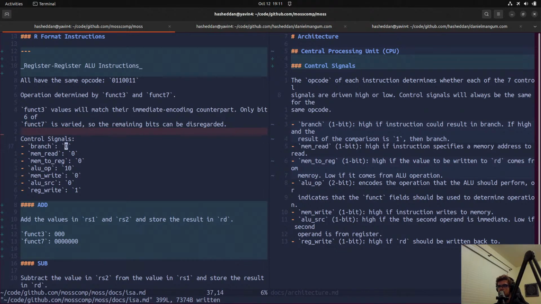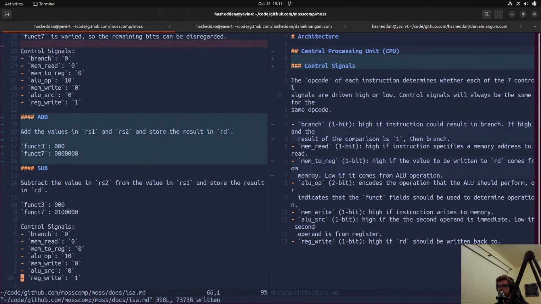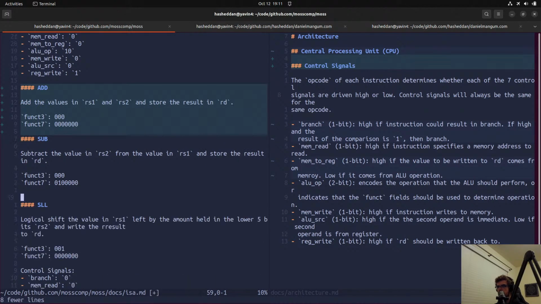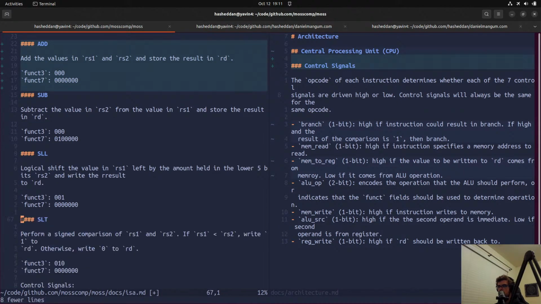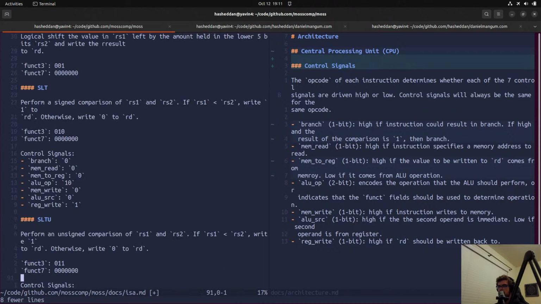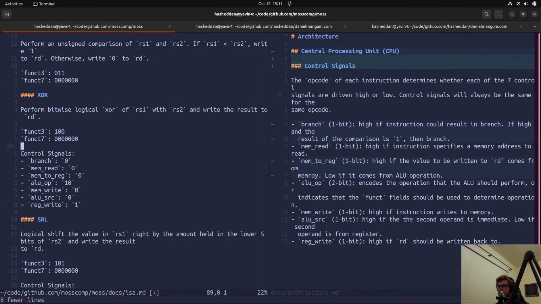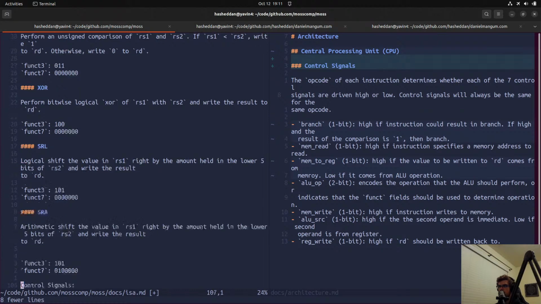So, okay, we have our control signals, and I'm just going to go through here, and we'll get rid of all of these. And then we'll do the same thing. The control signals change when we get to a different opcode here.